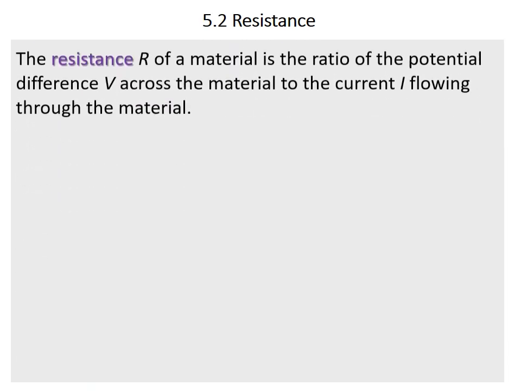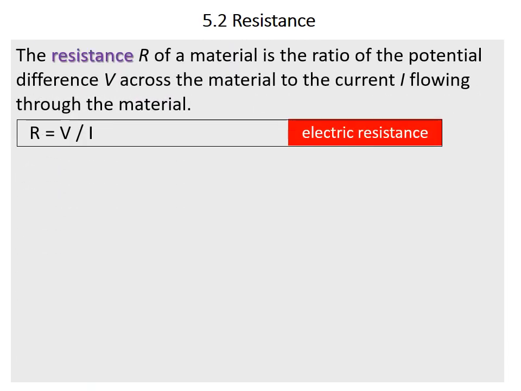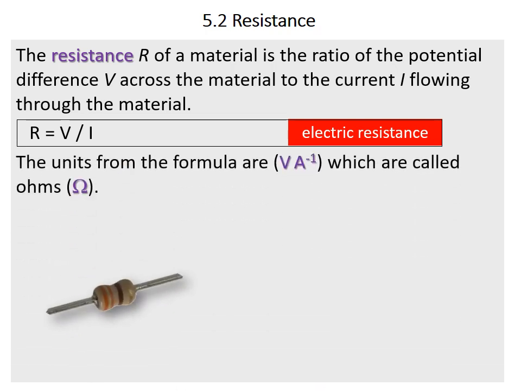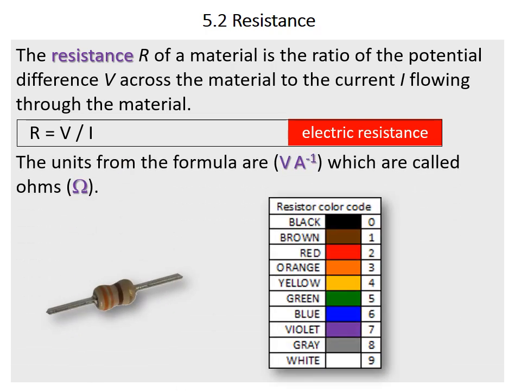Okay, so resistance, again, is calculated by dividing voltage by current. Units are ohms, and fixed resistors you can read using the resistor color codes provided by the manufacturers. For example, if I was to read this from left to right, I would get a value of 3, because it's orange, 3, brown is 1, and yellow is 4.